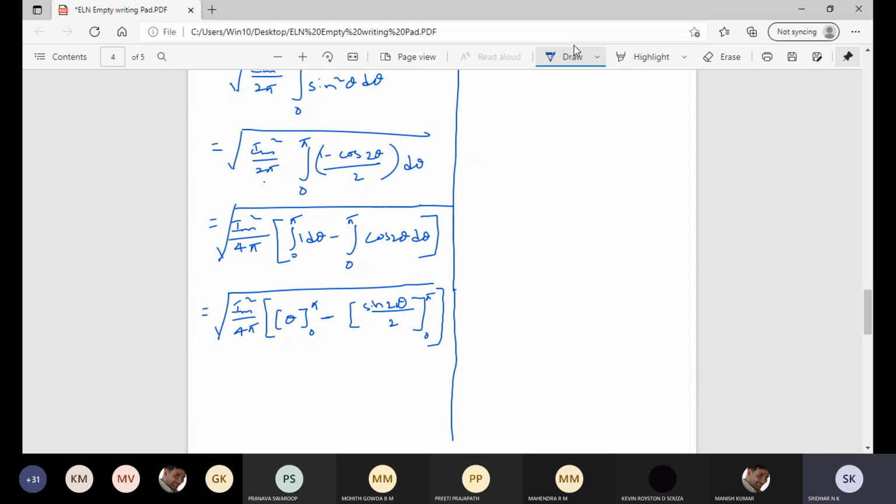Right? So now if you substitute the limits, it will be Im square by 4 pi times pi minus 0, minus sine 2 pi by 2 minus sine 0 by 2. Correct? If I am going wrong, please correct me.